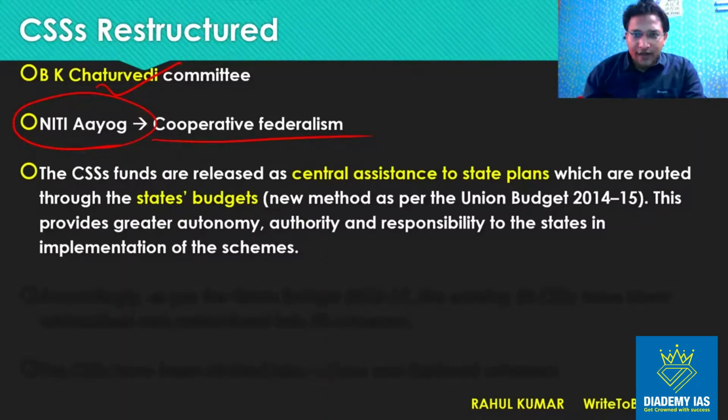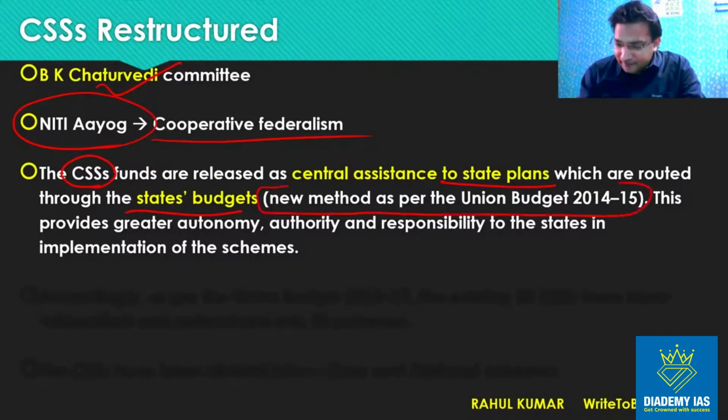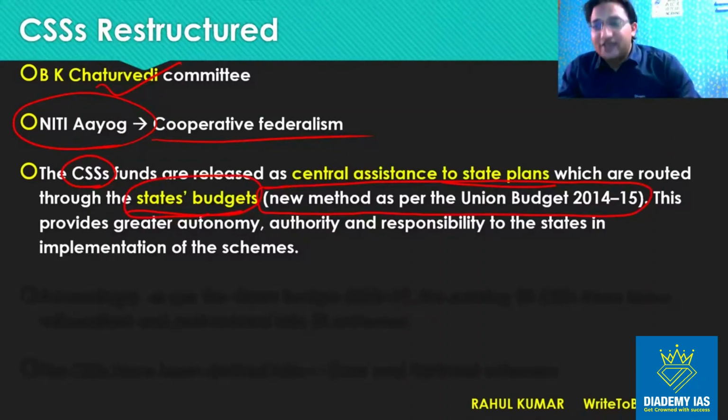now these centrally sponsored schemes are released to the state plans as part of the state budget. So primarily we provide the funds under this mechanism, so that the majority of the funds go through the state budget, right?